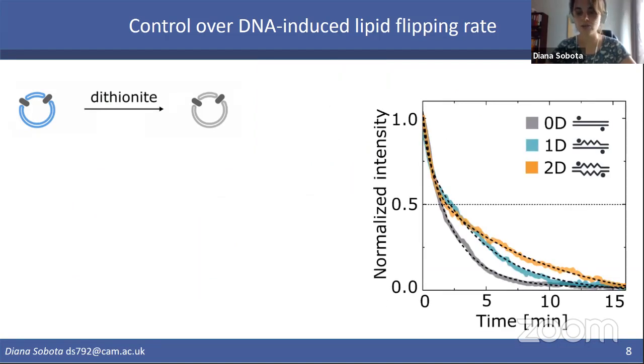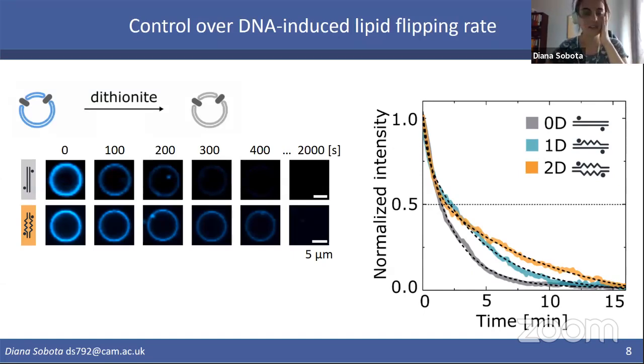Now, for our three structures, we look at the time traces of how the fluorescence was changing, and the most important result of this experiment is that, depending on the hydrophobicity of the membrane spanning site, we get different rates of flipping. We can also see this by eye: the structure that is very hydrophilic, the one that has no hydrophobic spacers whatsoever, flips lipids very quickly and goes to 0.